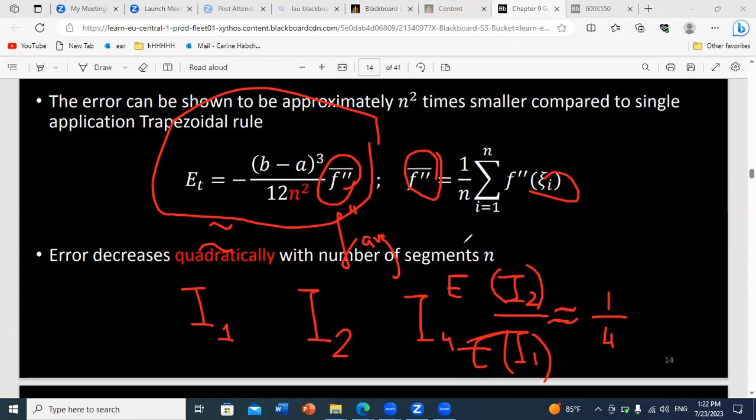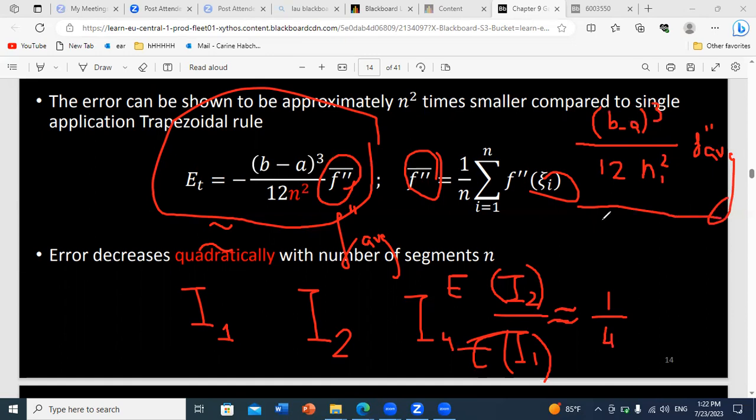So when you do the ratio, the first error is (b minus a) cubed over 12 n1 squared times f second average, while the error when you compute I2 is (b minus a) cubed over 12 n2 squared times f second average.